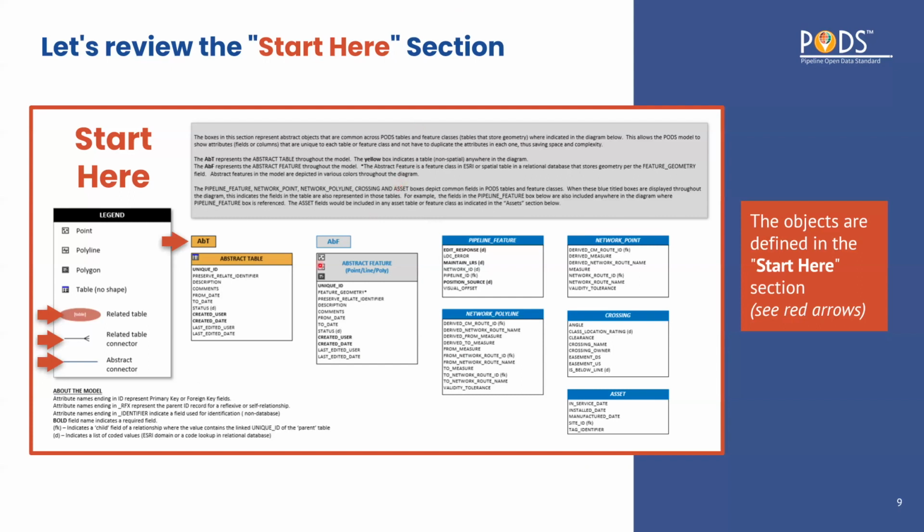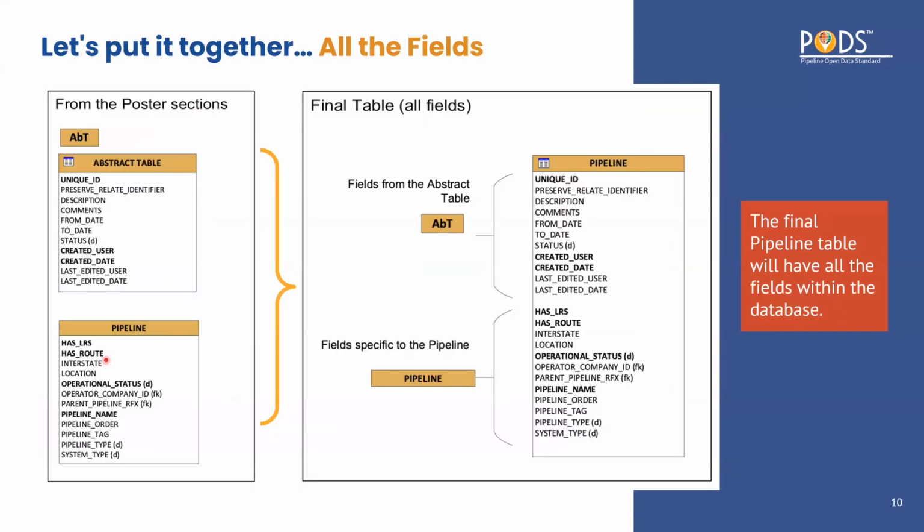Again, we go back to the start here section, and what I saw in my pipeline section, I saw this abstract table. So I know that I'm going to have the fields from my abstract table. I also know that I'm going to have a related table situation as well. So let's put it all together. So from the poster sections, I have the abstract tables fields, and then I have the pipeline fields below.